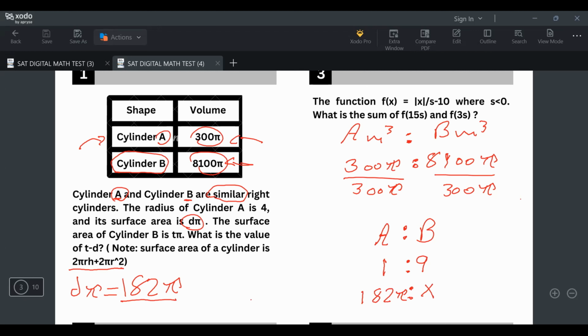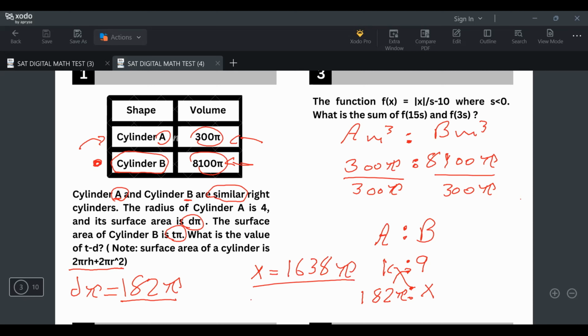So what we are going to do is cross multiply, and then we will solve for x. So we'll have x on one side, x multiplied by 1 is equal to x, and 182 multiplied by 9 is equal to 1638 pi. And that's the surface area of cylinder B, which is equal to t multiplied by pi.